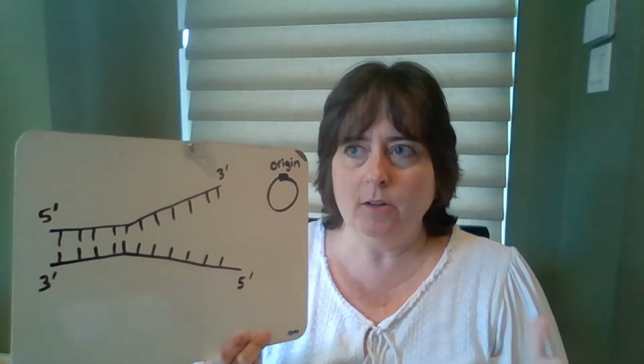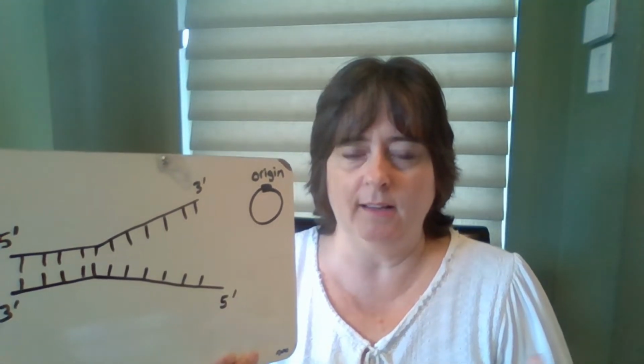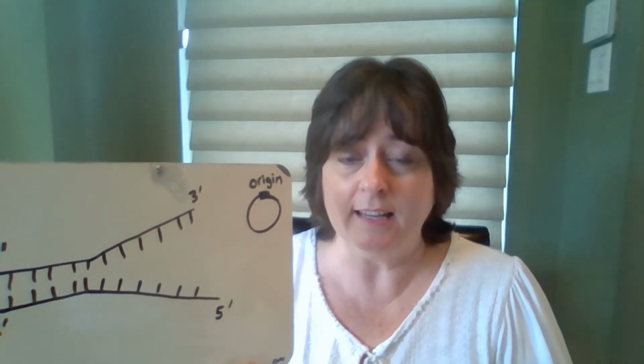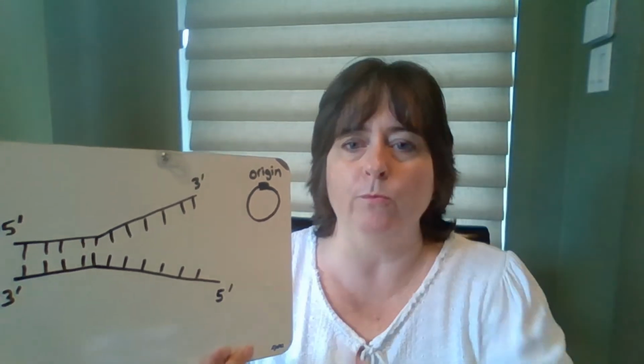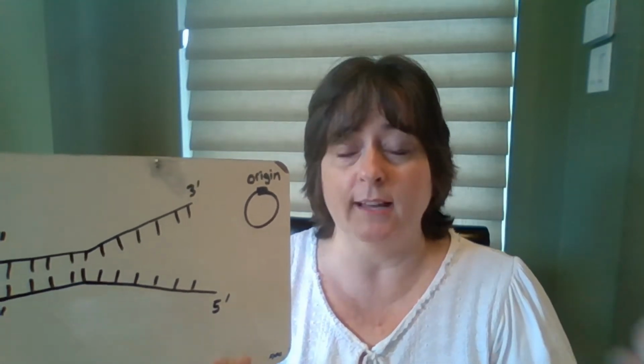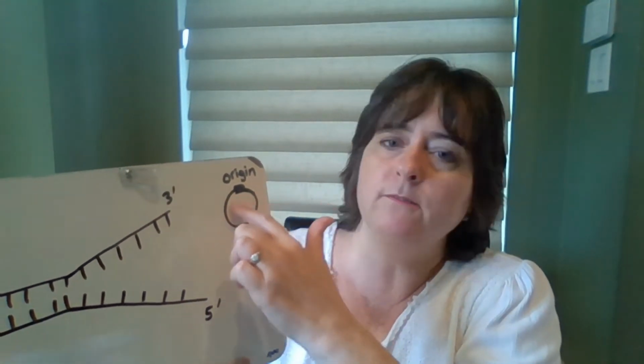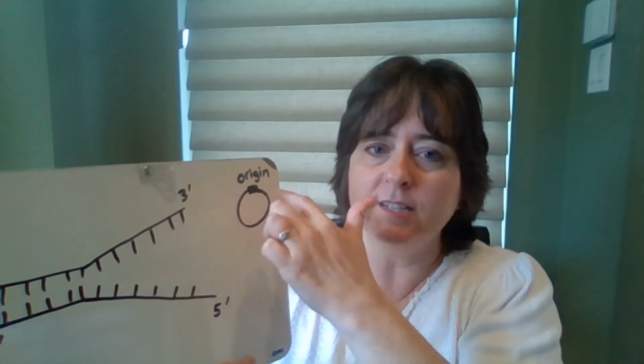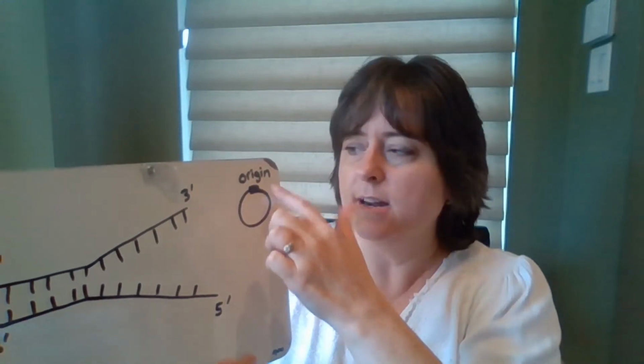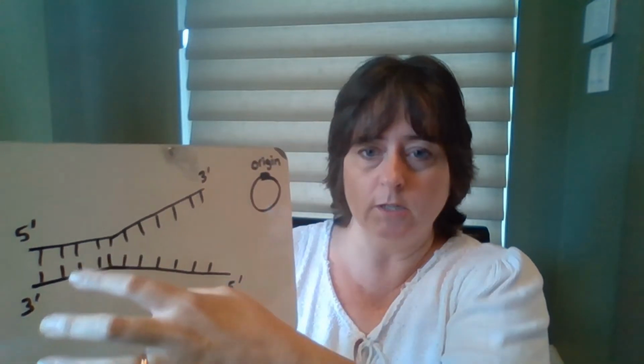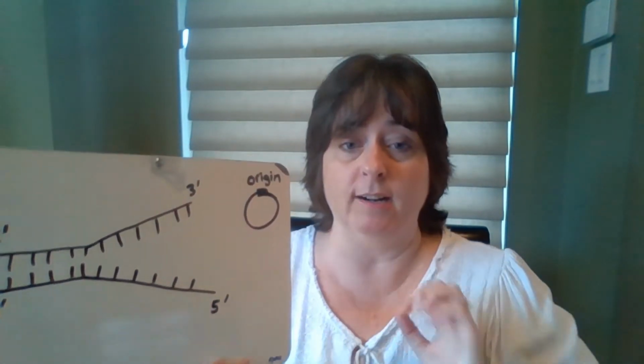And how do you know that? If I give you the letters S-T-A-R-T, you can put those together and read it and say start. That's what we mean. There's a series of nucleotides that when you put those together in a specific order, it means start here. It's where the enzymes that we're going to talk about are going to bind and start. All right, so that's the origin.